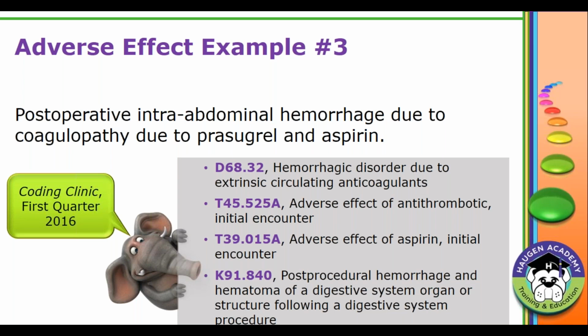Prior to ICD-10, we had one for intrinsic. This one is for extrinsic, which is the code that we use when the patient is bleeding because of medication. And we've got our 2 T codes there to show that the patient had adverse effects from 2 different drugs that thinned out his blood. And then also, because this was specified as a post-operative hemorrhage, we've got a complication code to go along with that.